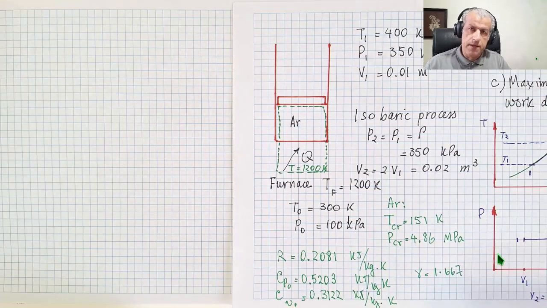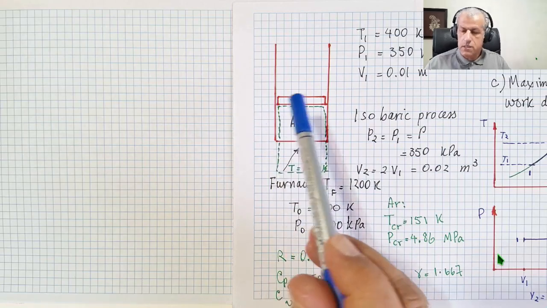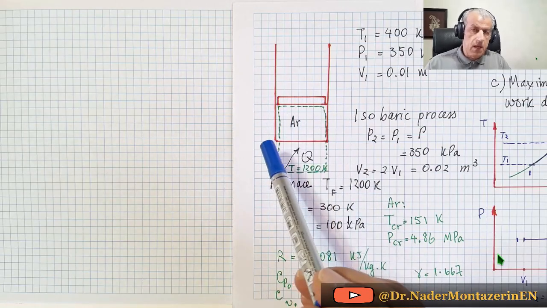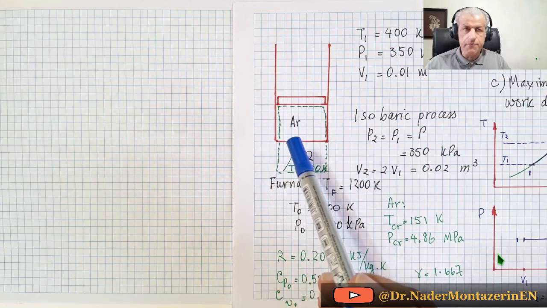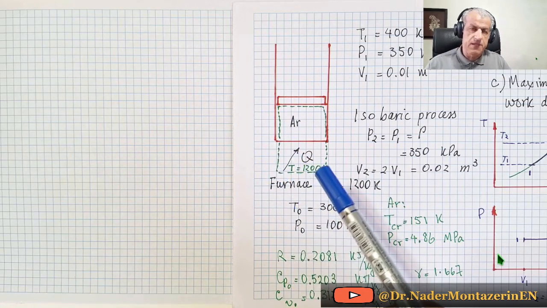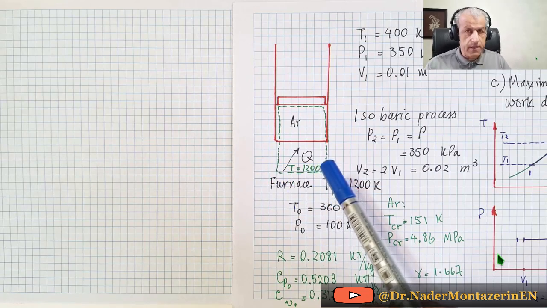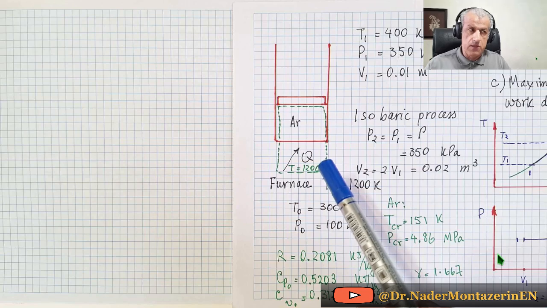In the previous two videos, I solved for you the problem of heat transfer to an argon in a cylinder piston device and basically calculated all different terms of the governing equations. There are two interesting points that remain to be understood.